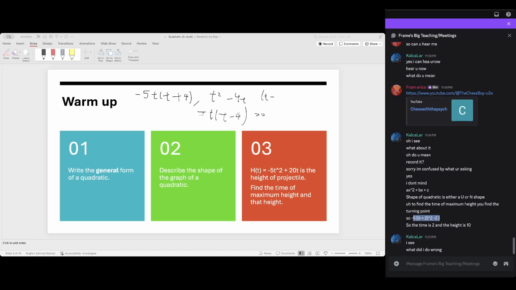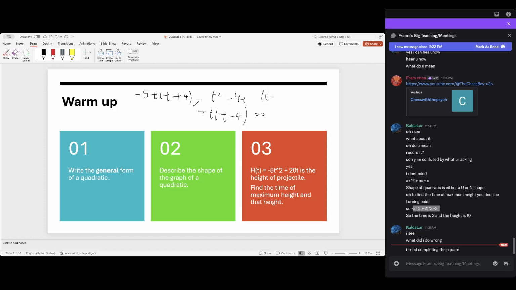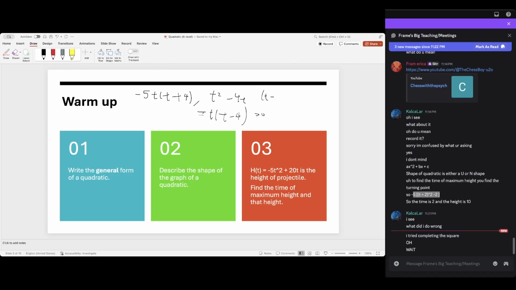If you look at this square minus 4, a is equal to 1, b is minus 4.